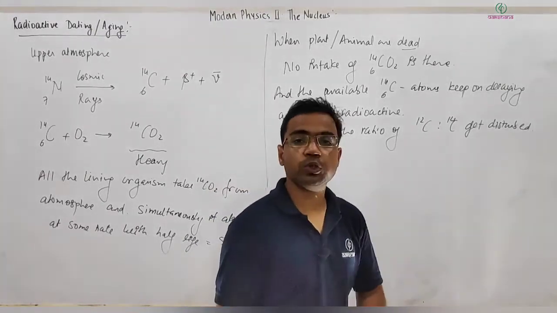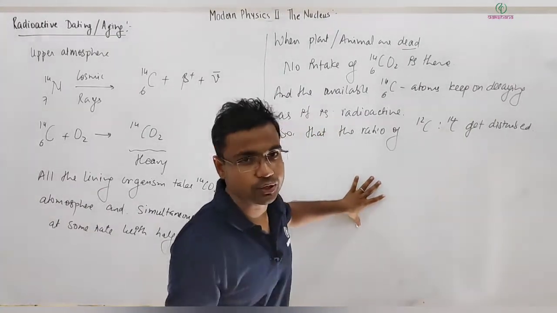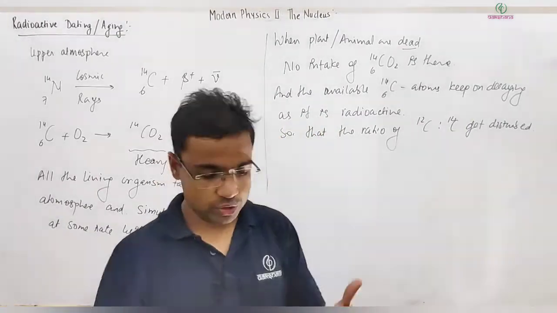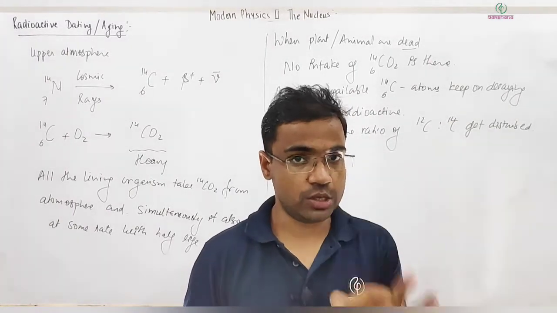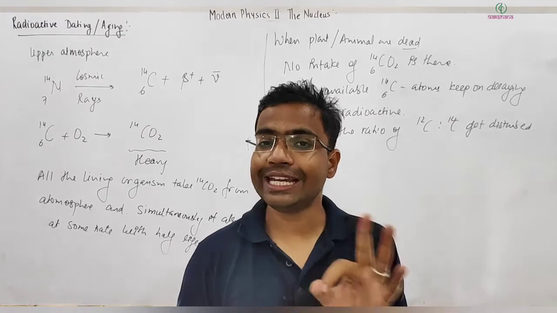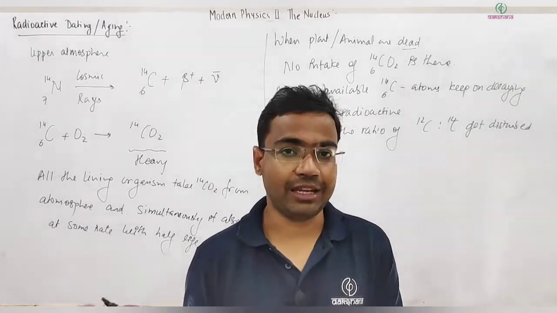With the help of those, we can compare and get the age. I hope by this time you are clear how the carbon 14 carbon 12 ratio is maintained constant in living beings, and how it gets disturbed when plants or animals are not living anymore.